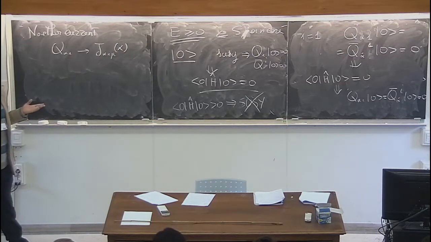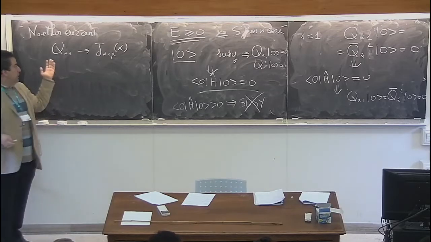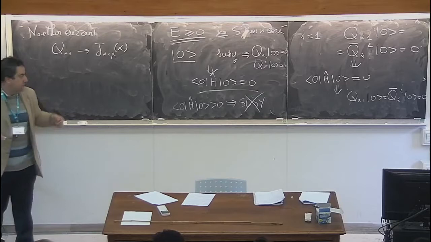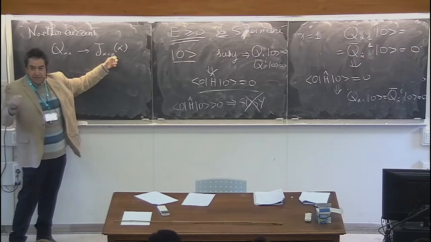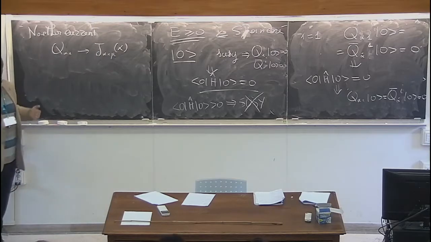The Noether current has the same indices, but one index more, a space-time index. Q is obtained by taking the zero index and integrating over the volume. This is the definition of Q.